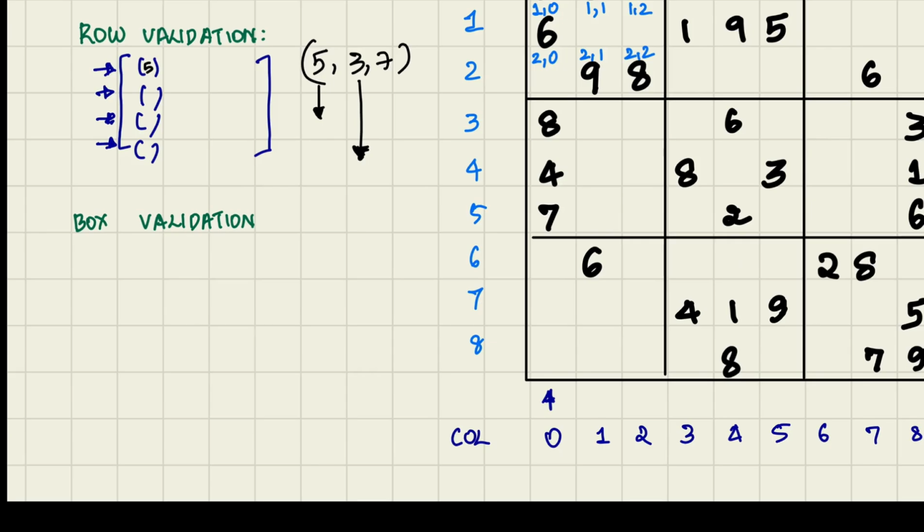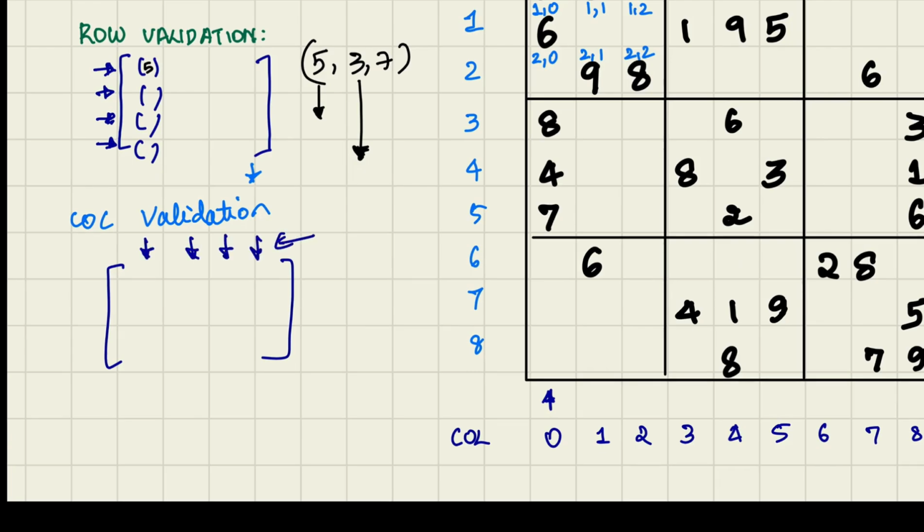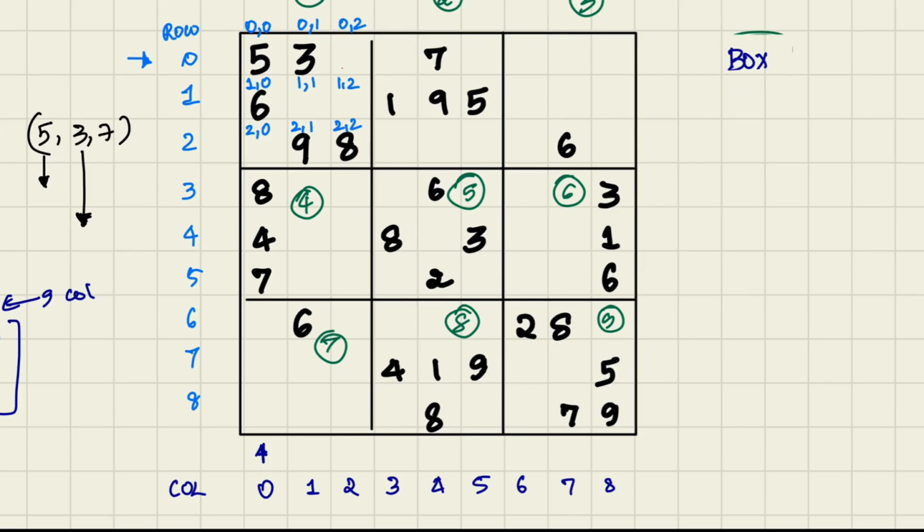So we'll do the same for columns as well, and think of it this way. So we'll have 9 columns and 9 sets. Now the logic for boxes. So our goal here is to have again 9 hash sets for these 9 boxes.